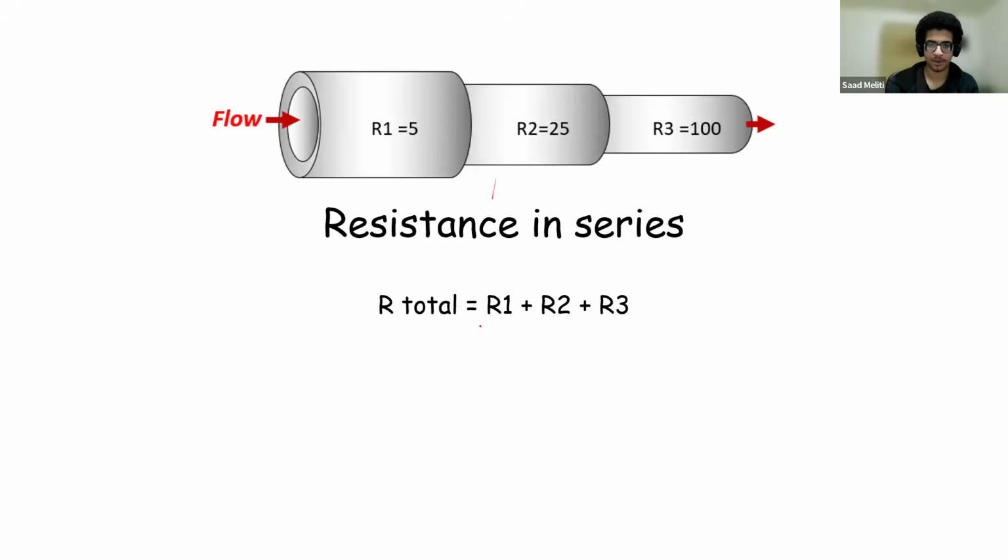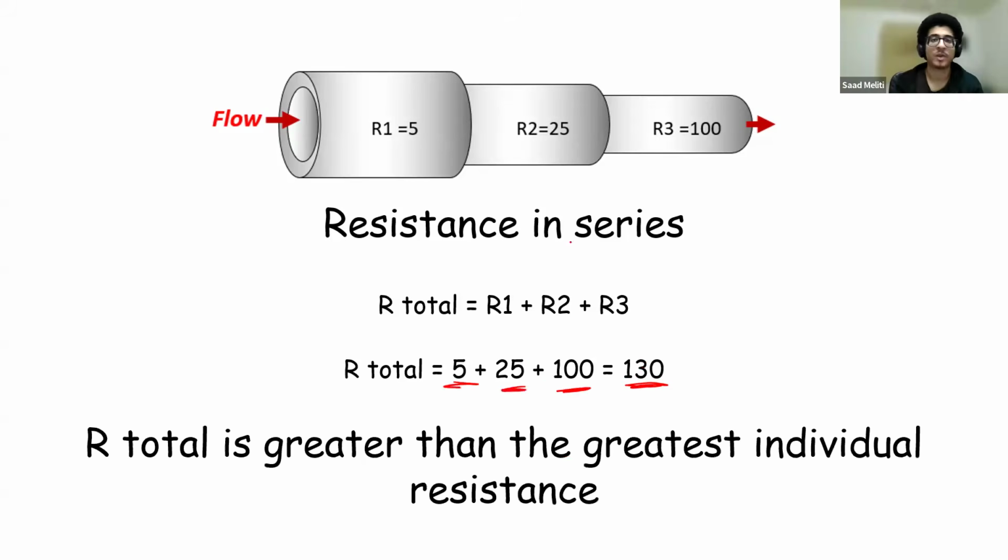Resistance in series. Okay, there we go. We get an answer of 130. Something else we can notice about the total resistance is that the 130 is higher than all of these individual resistances. So when we have resistance in series, the R total, which is the total resistance, is greater than the greatest individual resistance.